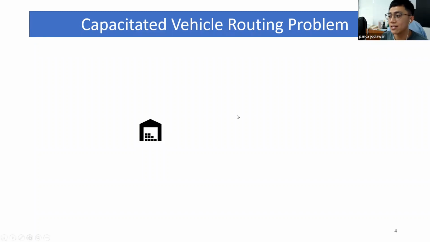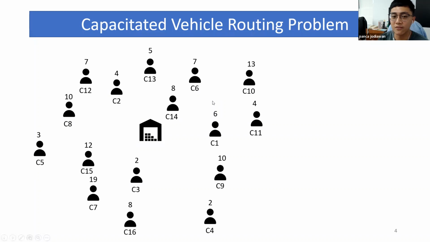Then in a given planning period, you have a set of customers. You could see there are several customers at different locations, noted by C for customer. Here we have maybe 16 customers in total.